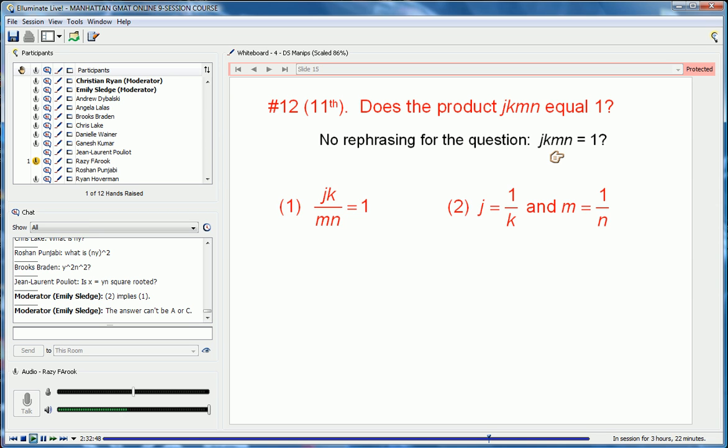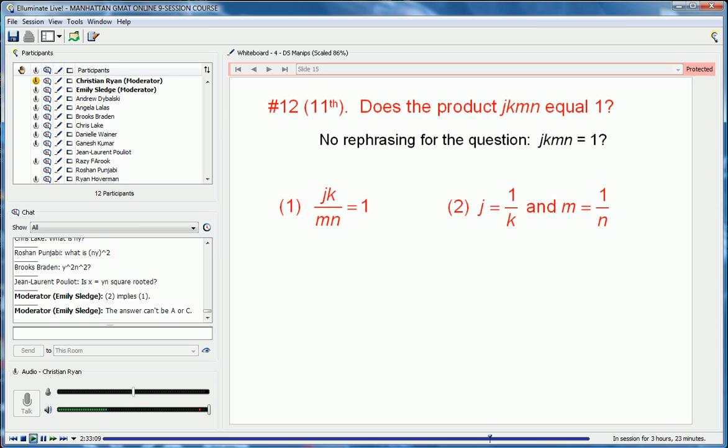The product JK, J times K times M times N, whether it's JM or KM or MN or what have you, because it equals 1, 2 of those products should equal the product of another 2. Or am I just smoking crack?